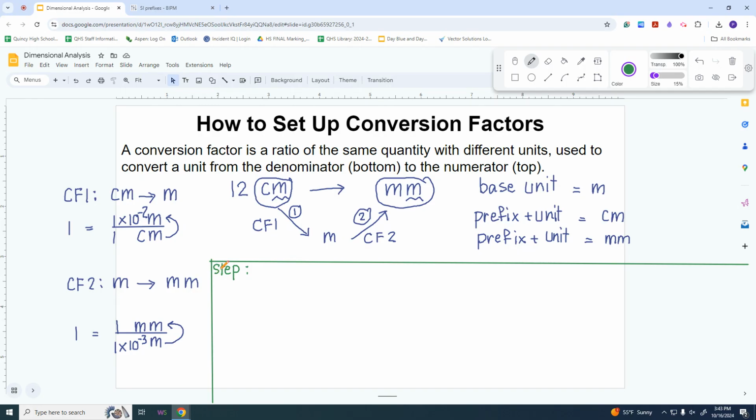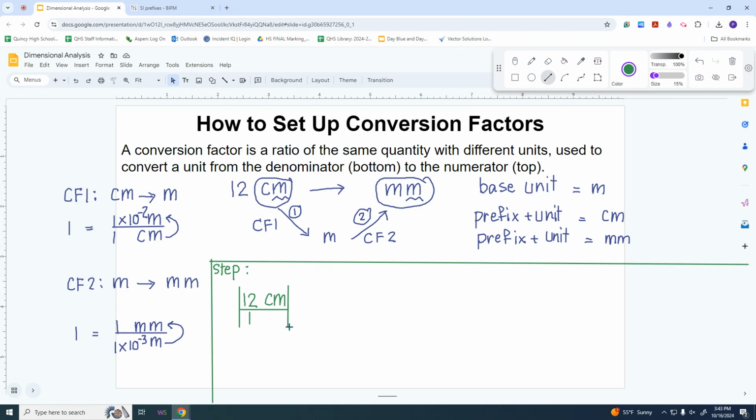The quantity from the problem is 12 centimeter, okay? Now, just to signify that it's a numerator, put it over 1. And to make them group together, I put a bracket on.